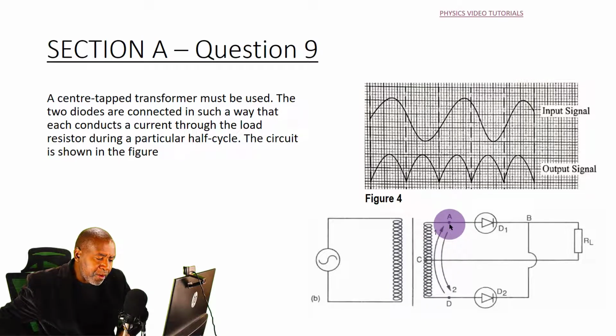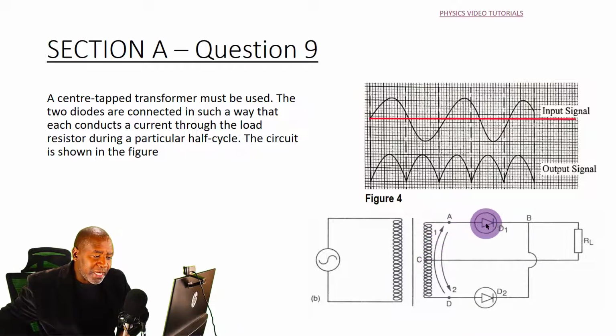Let's see. When point A is positive with respect to point D, that means for this half cycle, all the way from here to here, if we draw a line here, we can assume that the voltage above that line are positive, while the ones below the line are negative. So when point A is positive with respect to point D, it means that current is flowing in this direction.